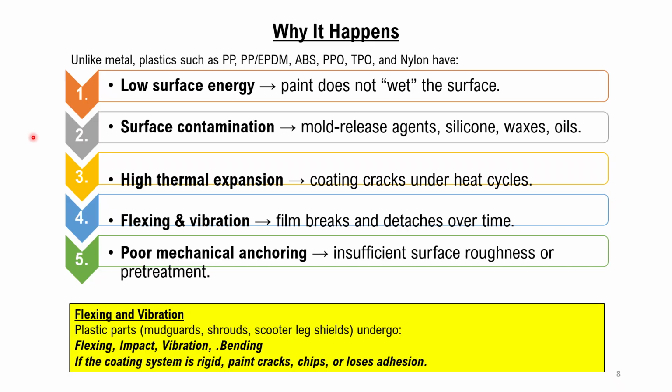Number two, surface contamination. There are mold releasing agents. As the plastic parts are molded, release agents such as silicone, wax, or oil could be present on the surface. Number three, high thermal expansion: the plastic expands and the coating cracks under heat cycles.